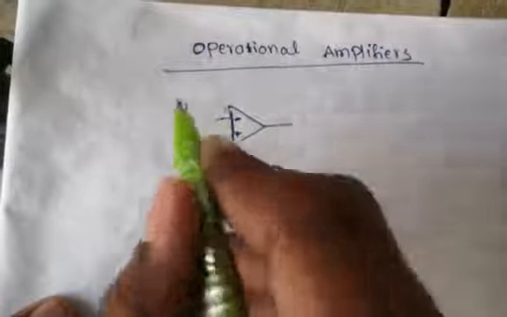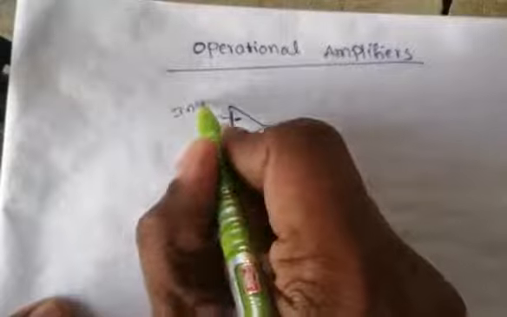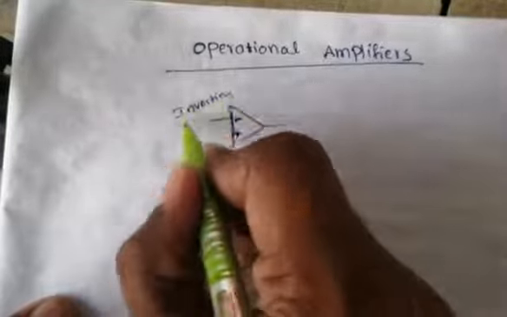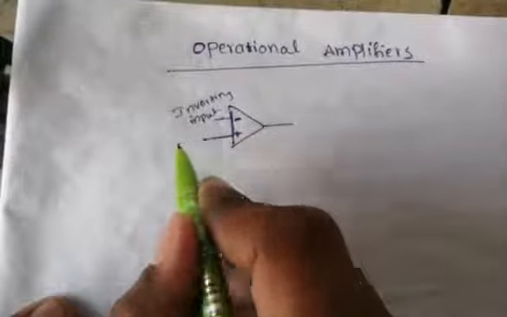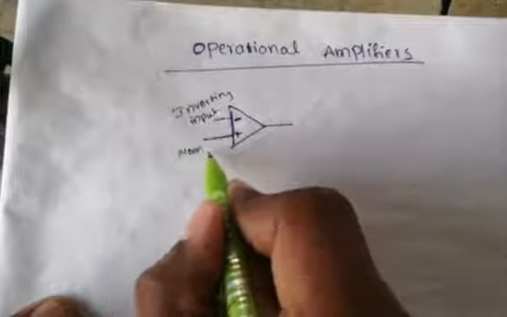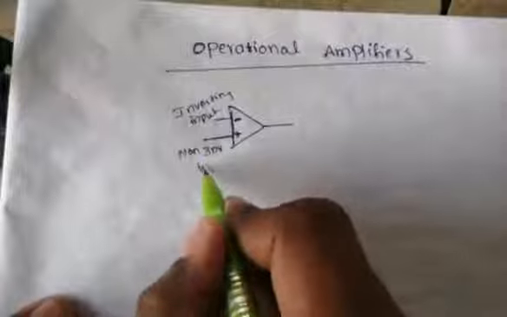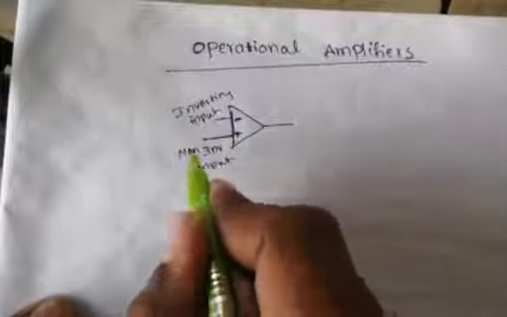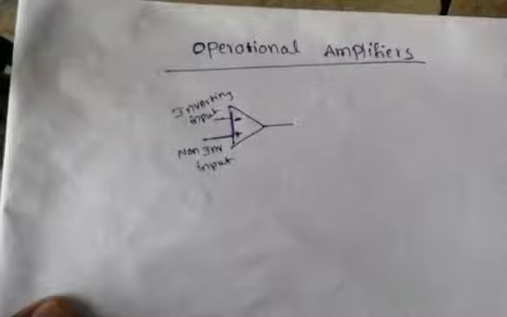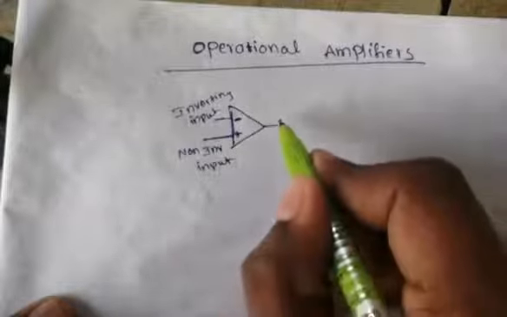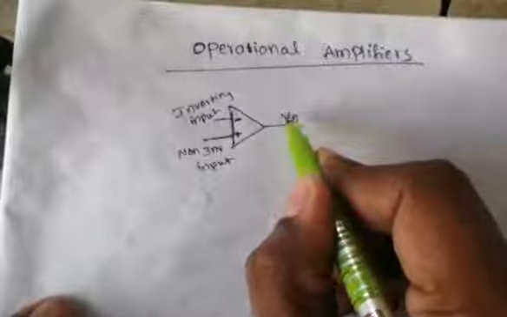Minus is called the inverting input, and plus is called the non-inverting input terminal. These two inputs are there, and one output terminal, V0.